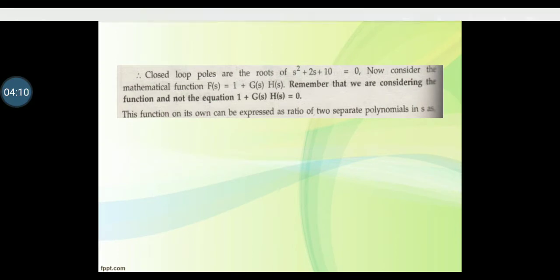The closed loop poles are the roots of the characteristic equation s square plus 2s plus 10 equal to 0.